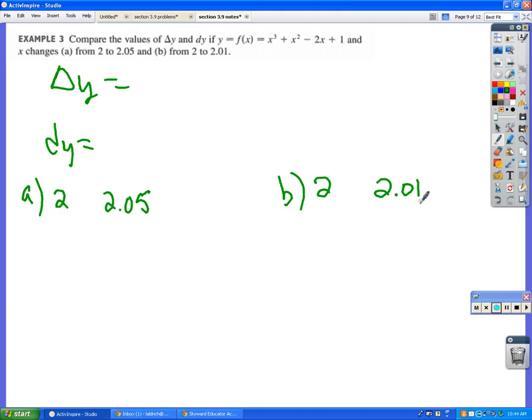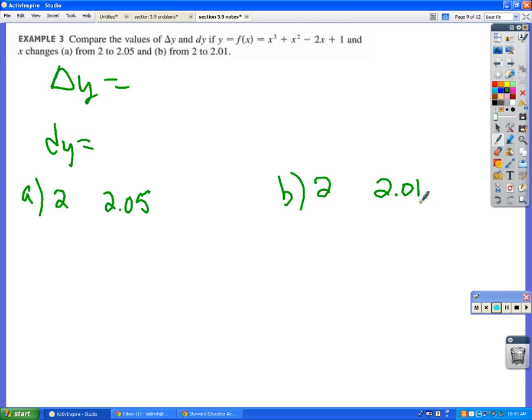In which of those instances, A or B, do you think that the delta y and the dy will be closer to each other? 2.01. Right, from 2 to 2.01, because the delta x is smaller in that case, and so the error is going to be smaller as well. All right, so first let's figure out the delta y.